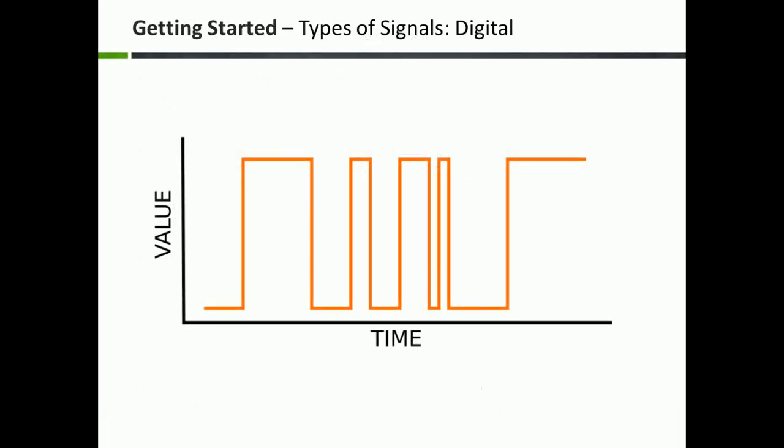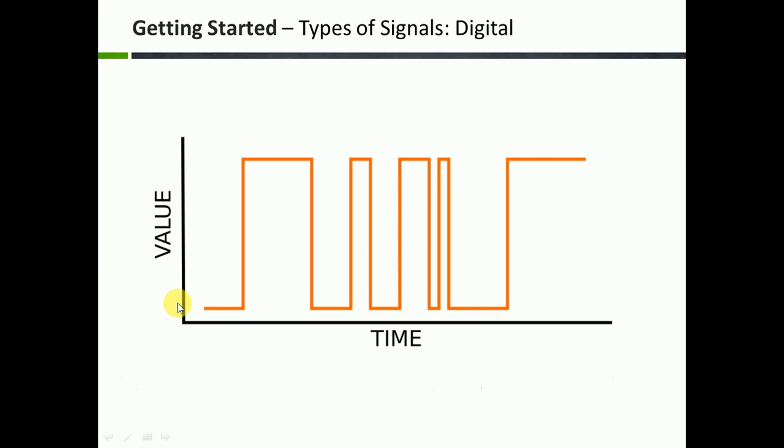Now, this is an example of a digital signal. And this signal is digital because if you see on the y-axis, the signal ranges between two specific values. The entire signal, defined in the time domain, has two values.